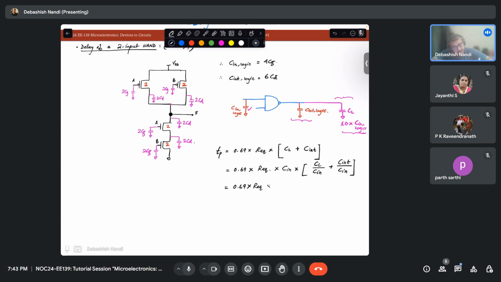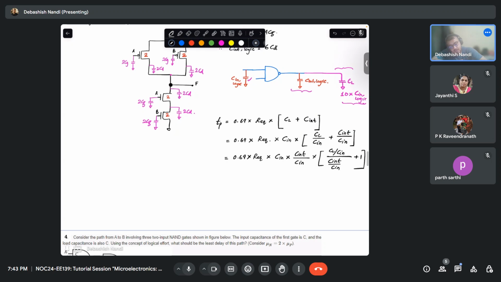In the same way, we'll just take this common C in times C internal over C in, and this will become CL by C in over C internal by C in plus 1.